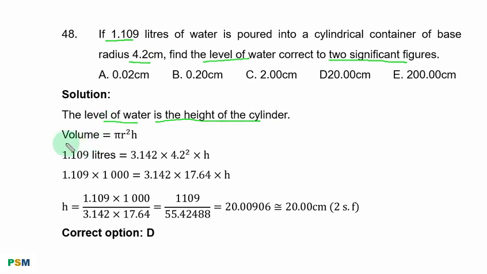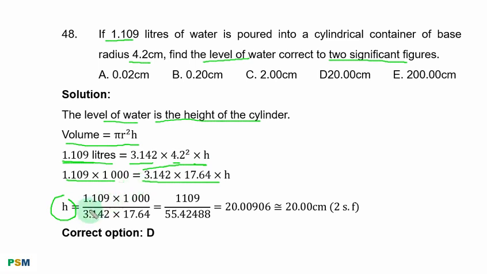Hence, volume of a cylinder is equal to pi r square h. The volume is this, equal to pi times radius square times height unknown. We have to convert this value from liters to cubic centimeters by multiplying by 1000, equal to the right hand side. To make height the subject, divide both sides by the product of these two numbers.